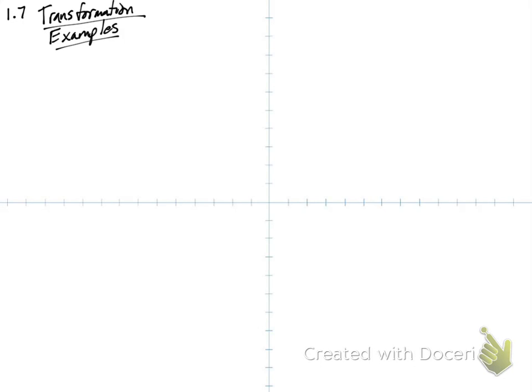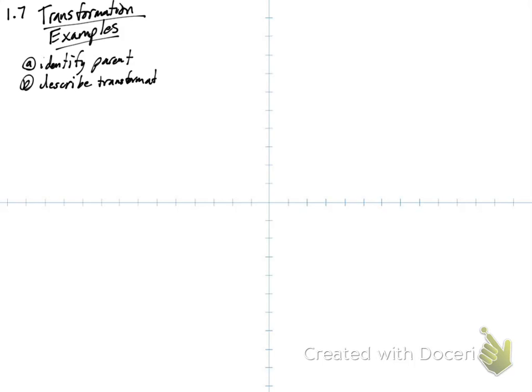Alright, with the rest of this video, we're going to talk about some examples of transformations and how to write them using function notation. We're going to do four things. Part A, we're going to identify the parent function. Part B, we're going to describe the change, actually putting into words what's happening, so we describe these transformations in words.